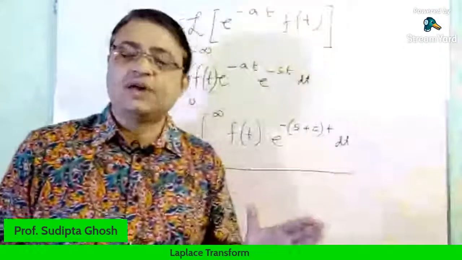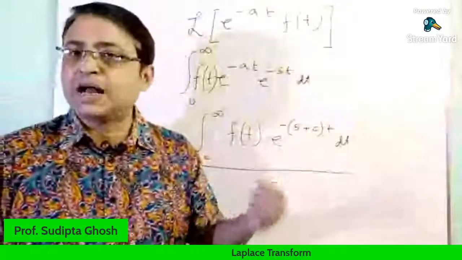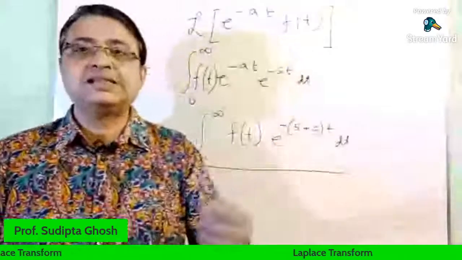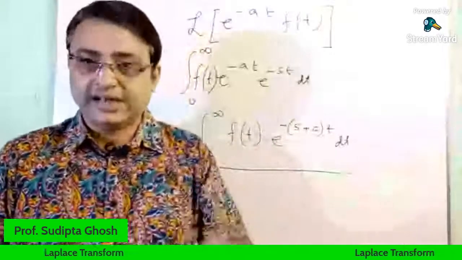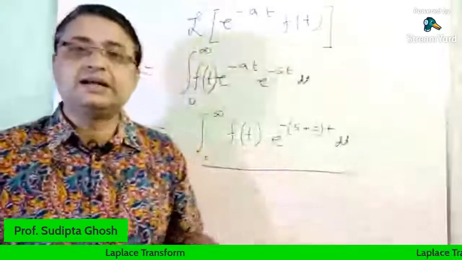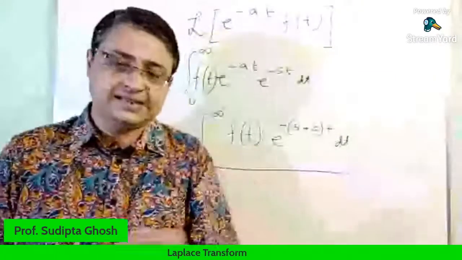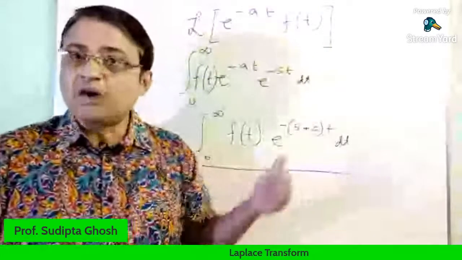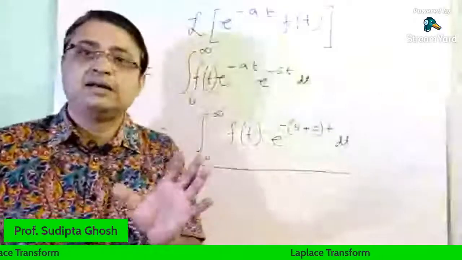Because whenever I write integral 0 to infinity f of t e to the power minus st dt, it becomes capital F of s. I'm repeating again: whenever I write integral 0 to infinity f of t e to the power minus st dt, it becomes capital F of s. Now just compare with the earlier one.